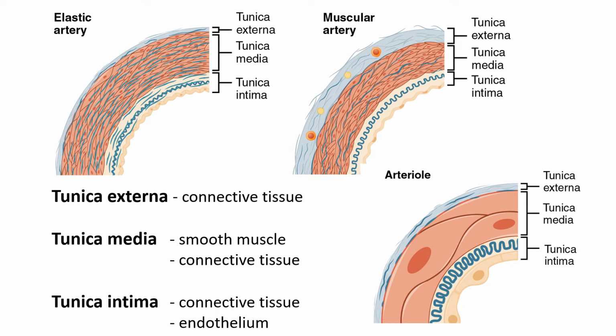The tunica media is thinner, and it also doesn't contain as much elastic fiber. Muscular arteries are going to lead into arterioles. Arterioles are very thin-walled. They range quite a bit in diameter, but they're only going to have a few layers of muscle cells. The tunica media is going to be much thinner.